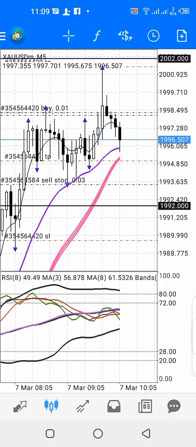So we have a sell stop below at 0.03 to respond to the running buy trade as our first edge trade. Of course, starting with 0.01 as your running trade, your first edge trade will be 3 times the lot size of your starting trade.